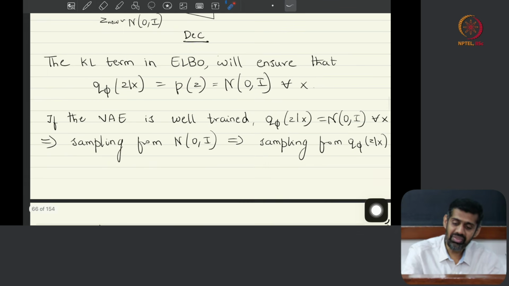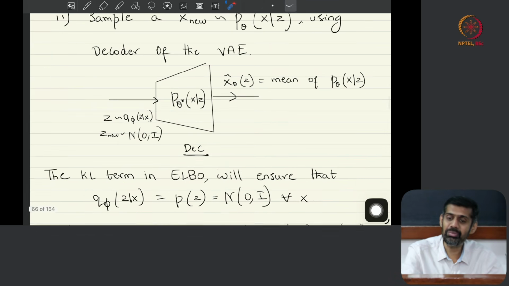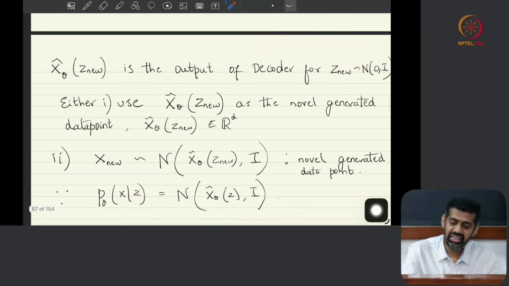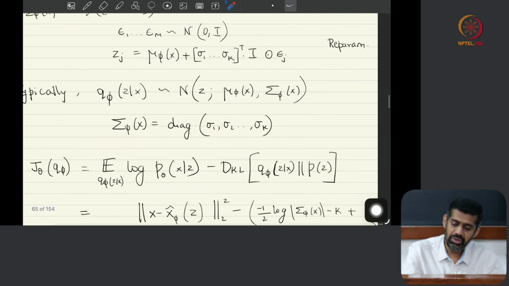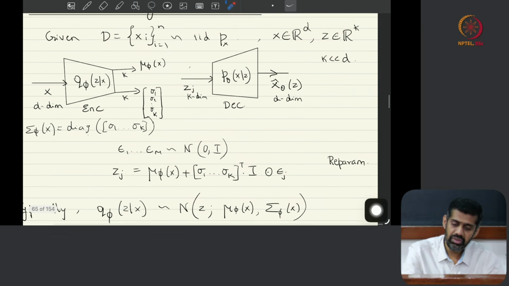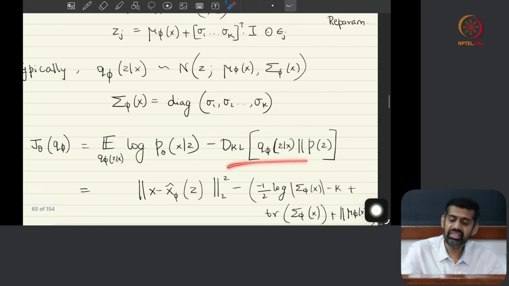Exactly. What we have done is, in the second term of the VAE, while we have trained, we have ensured that q phi of z given x for every x is going close to normal 0 1 by minimizing the KL. What is the second term in the ELBO? The second term in the ELBO is the KL divergence between q phi of z given x and p of z.